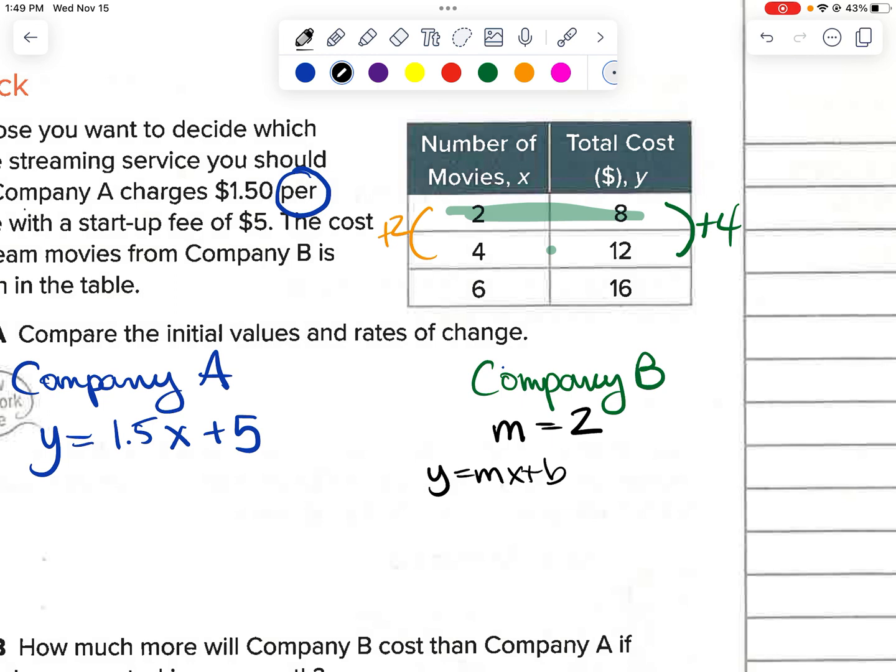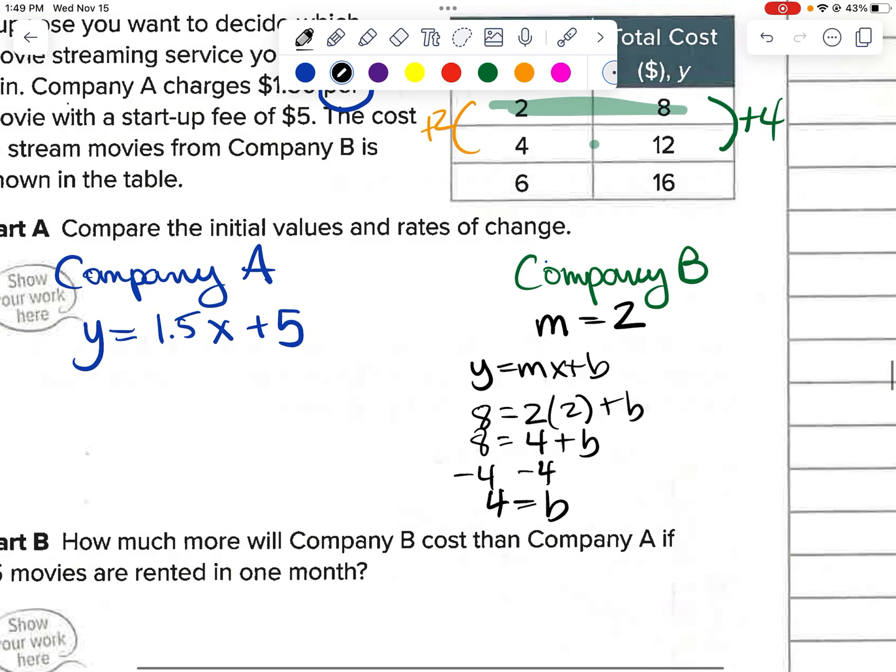I'm going to take the y, which is 8, the m, which is 2, the x, which is 2, plus b. So 8 equals 4 plus b. So I subtract 4, and I get 4 is equal to my b value. So my initial rate is $4 for this one. So my equation for that one would be 2x plus 4.